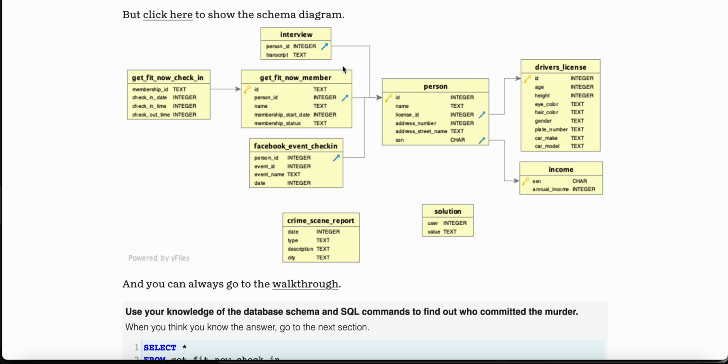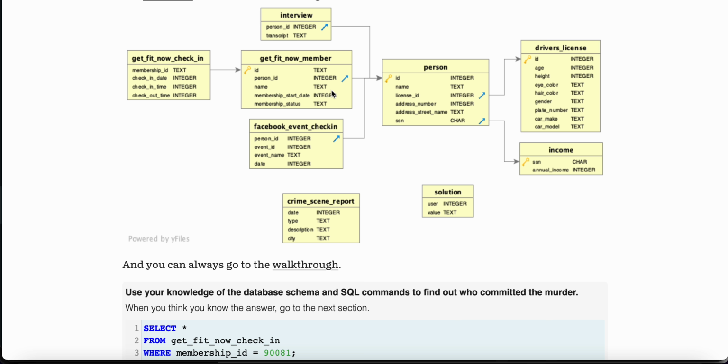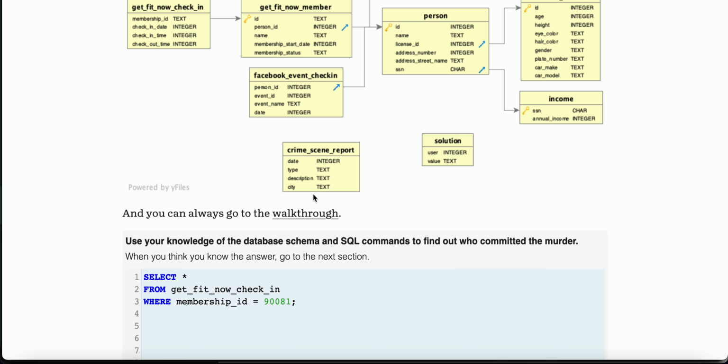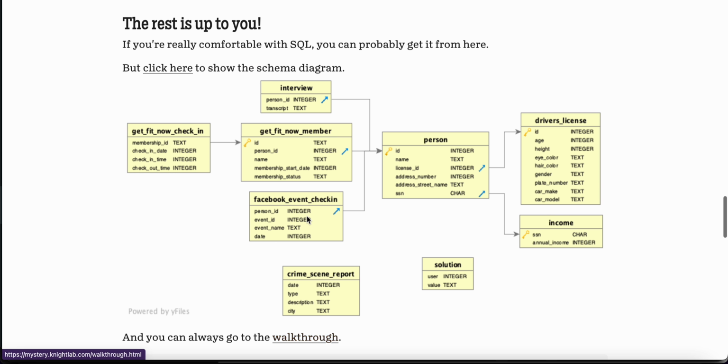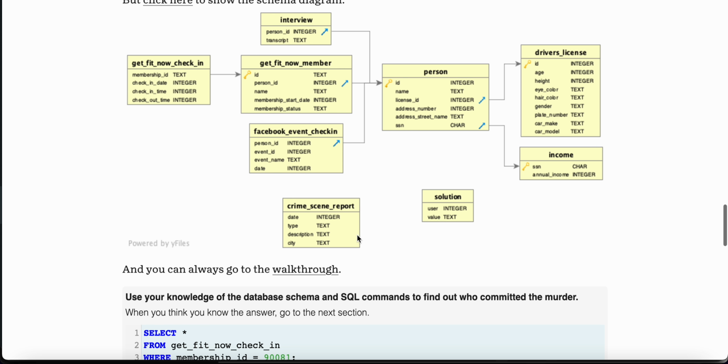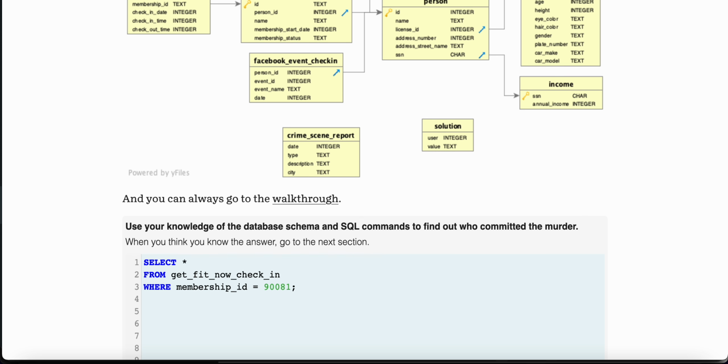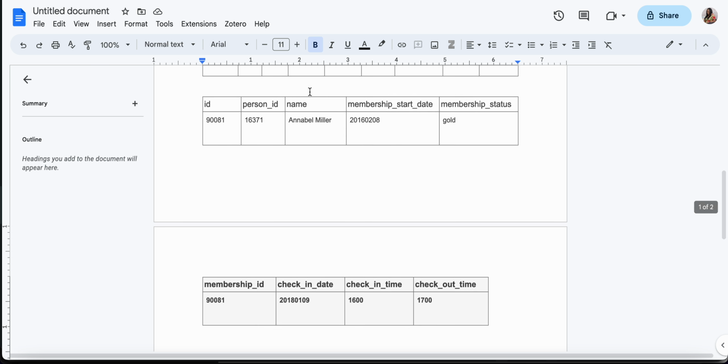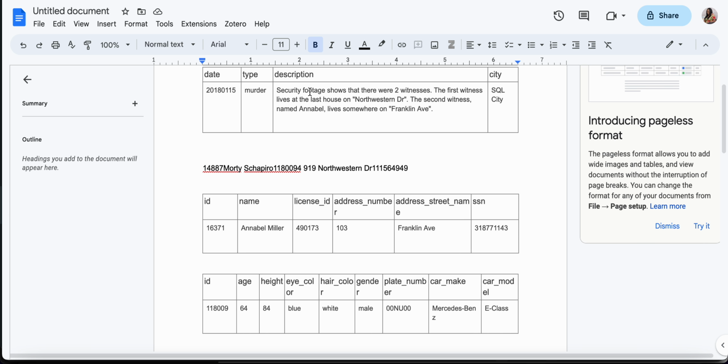Did Morty go for an interview? Since he did not go to get it, since he doesn't have a get fit now member, what happened? Was there an interview? All right, let's check for Morty. And we know that the person ID and the interview ID integer is the same. So what is his person ID? His person ID for Morty is this, 14887.